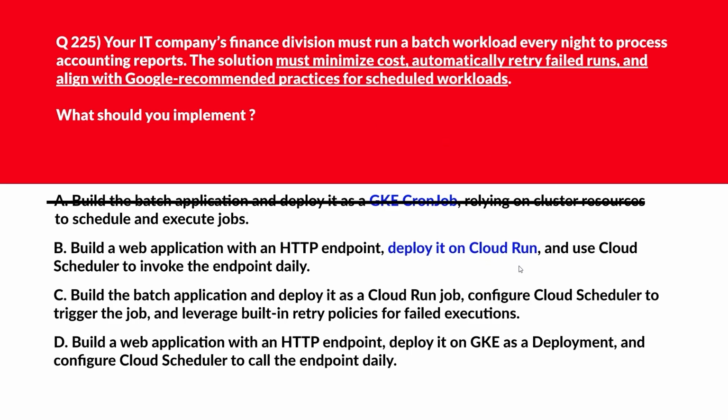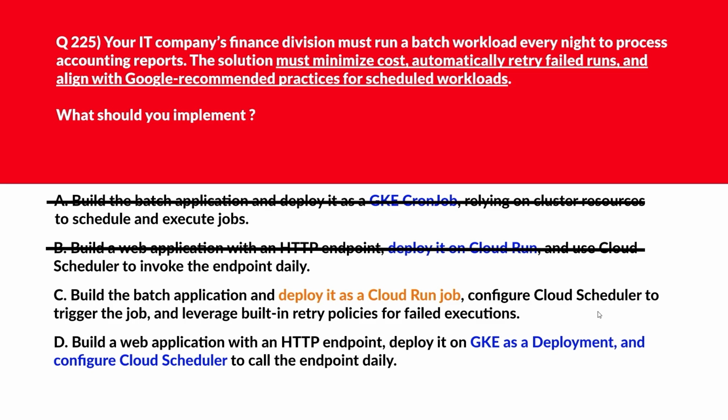Option B, Cloud Run services are designed for request driven workloads. Batch execution requires extra logic for retries and state handling. Wrong answer. We'll move to C. C says build the batch application and deploy it as a Cloud Run job.